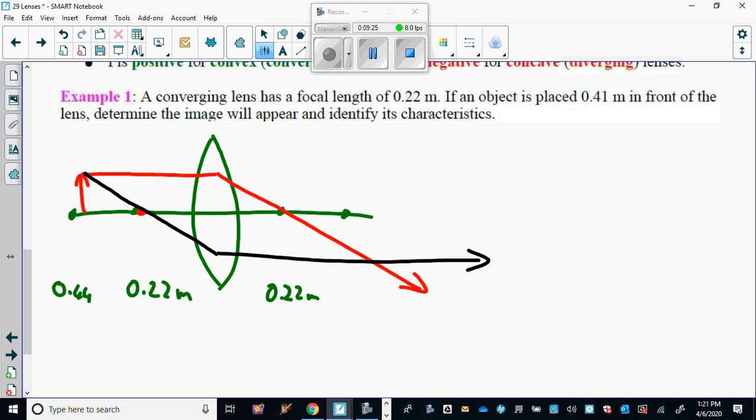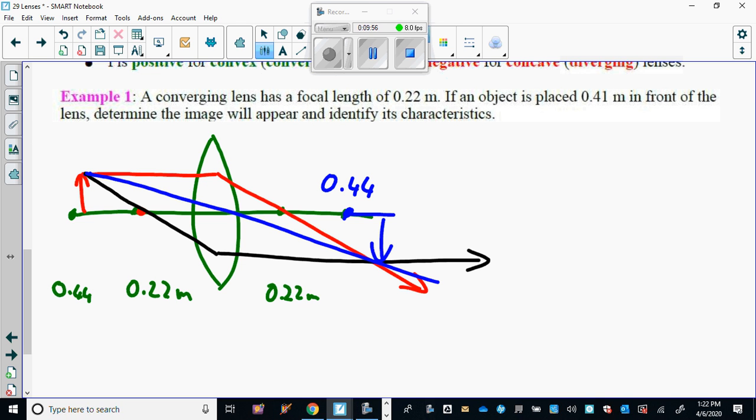And then if you draw one right through the center, actually that works quite well. Very nice, sort of. And there's our image. Okay, now it's a pretty rough sketch. I'm not sure that I'm going to get the right answer, but it looks as though it's a little beyond this point. This point would be 0.44, so it looks like it's going to be a little beyond that.